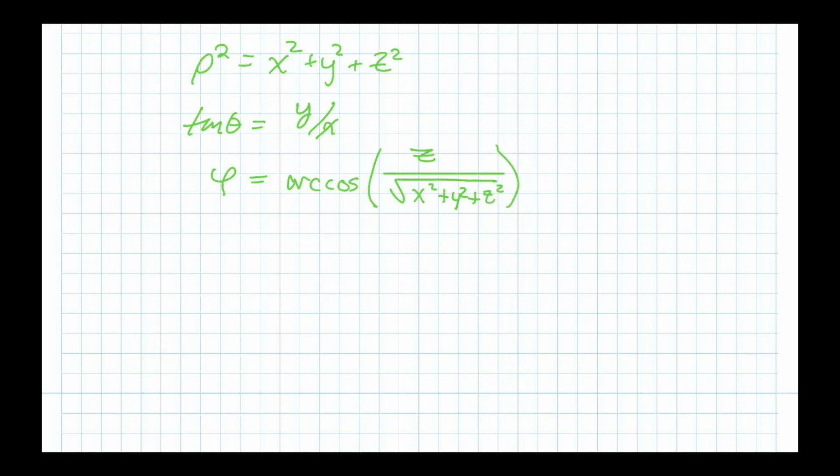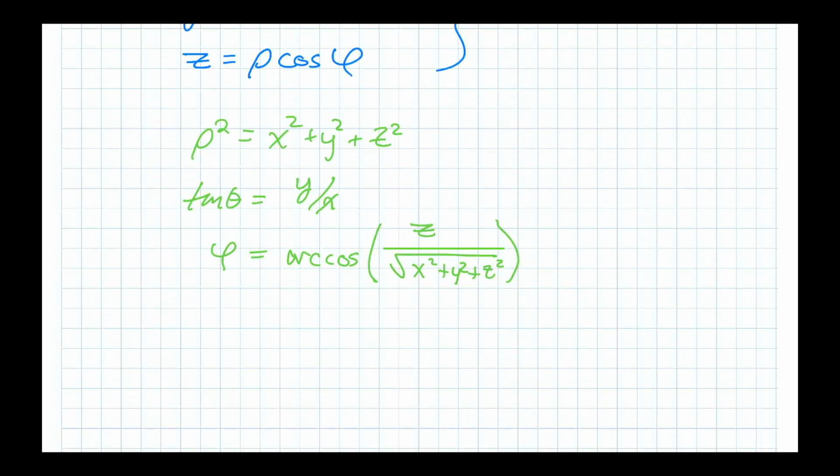They probably could have just labeled that as r, z over r, but they didn't. All right, so these are used for rectangular to spherical.